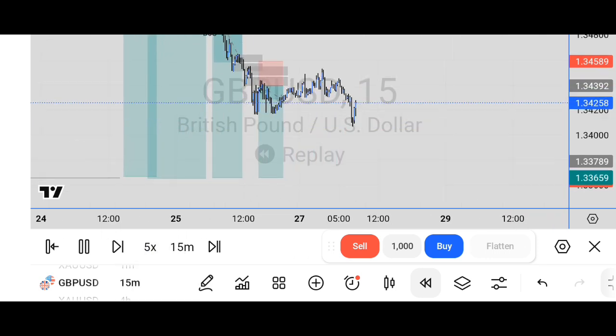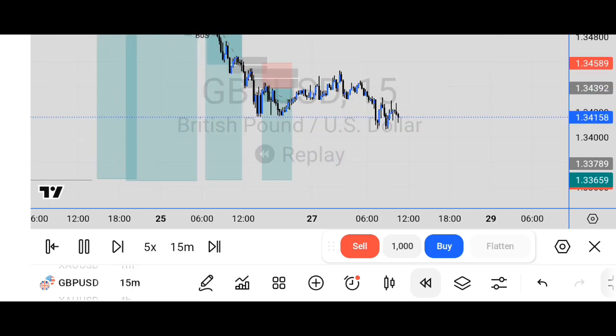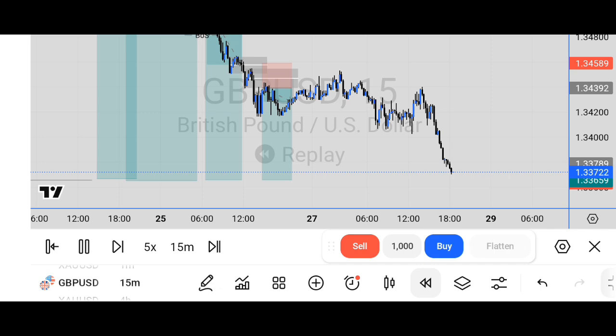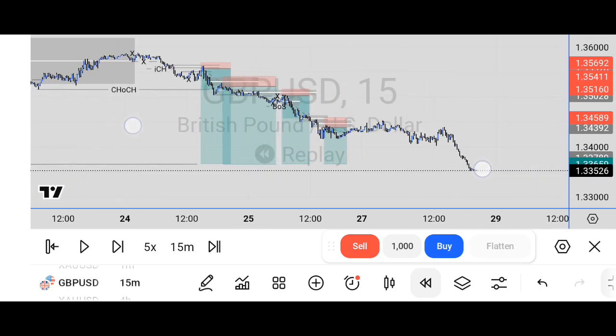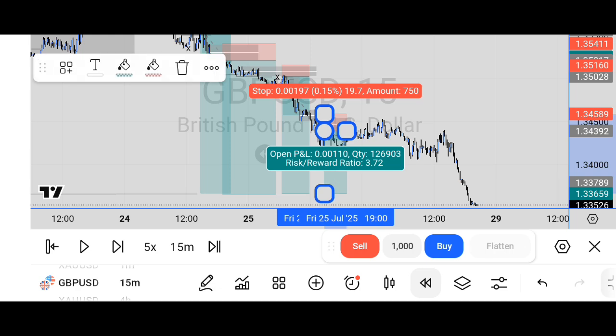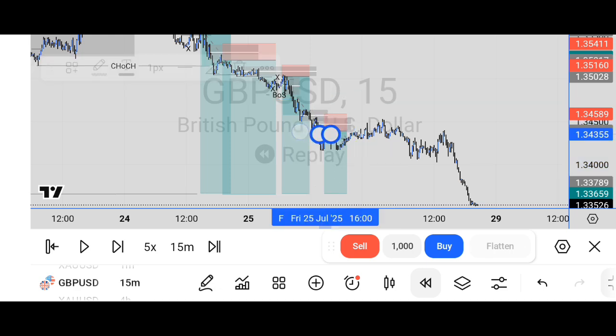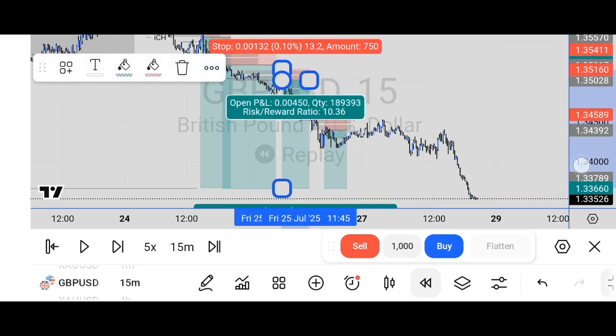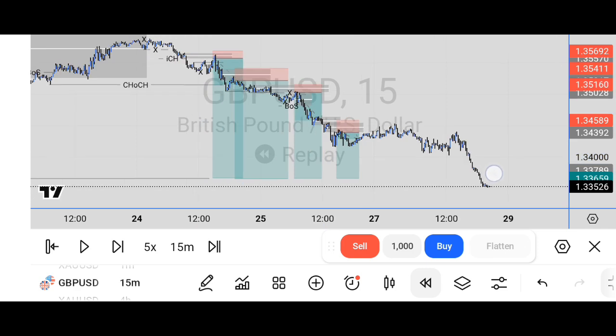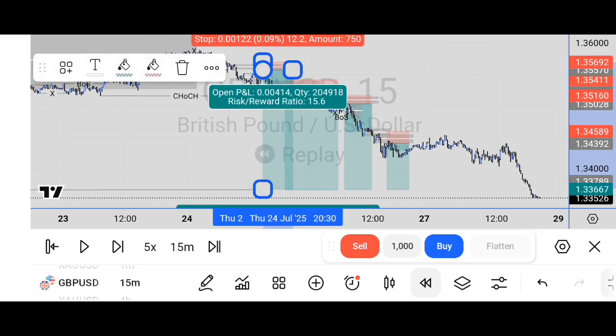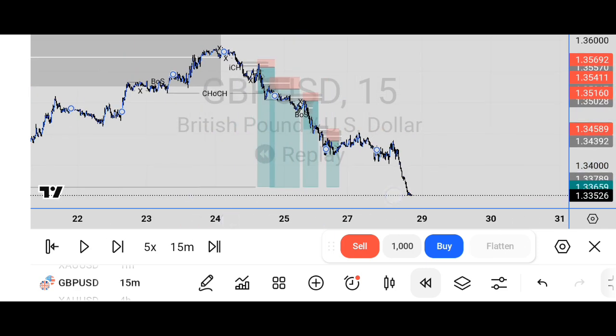So that is how to mark out your entries and get good risk to reward from the market. So you can see this is a 3 hour trade, this is a 10 hour trade, this is an 8 hour trade, and this is a 15 hour trade.